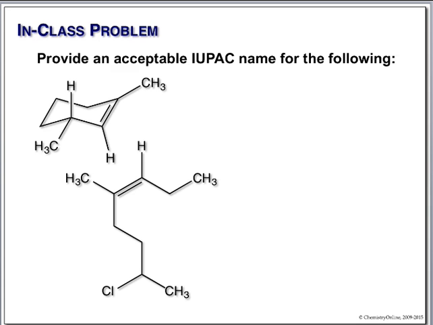It's going to be a cyclohexene, right? If we let this be carbon 1, we're going to have a 1-methyl, and that's going to be good. We're going to have a 1,3 dimethyl.